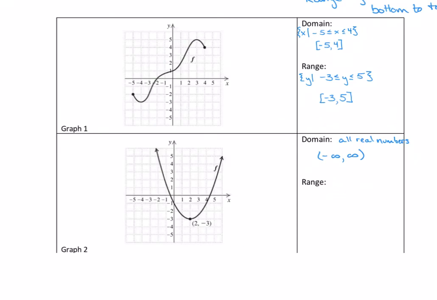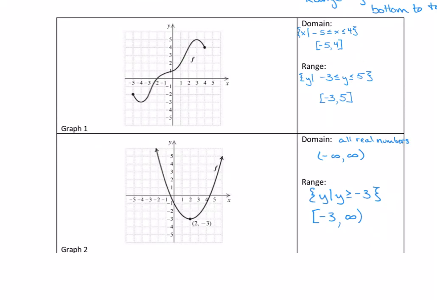Let me go ahead and move that down just a little bit. If I wrote this in interval notation, my bottommost number is -3. It has a bracket. This goes forever up, and so it goes to positive infinity. Okay, so those are some examples there.